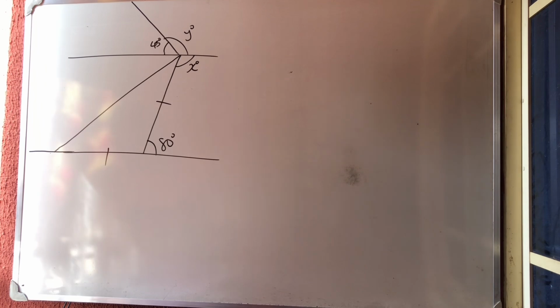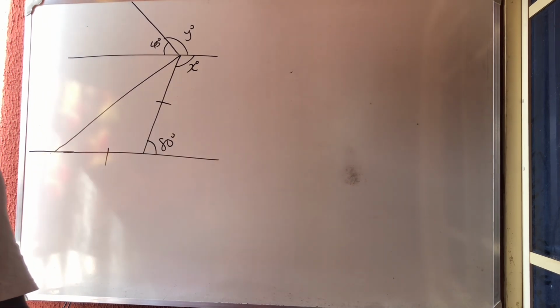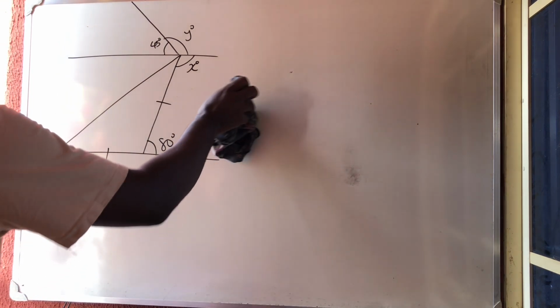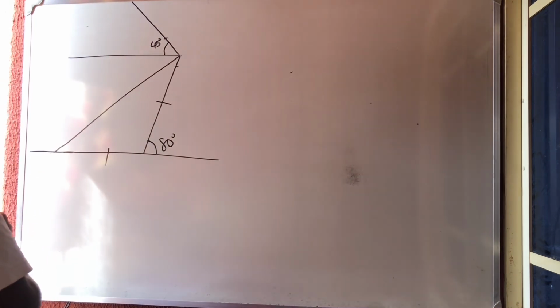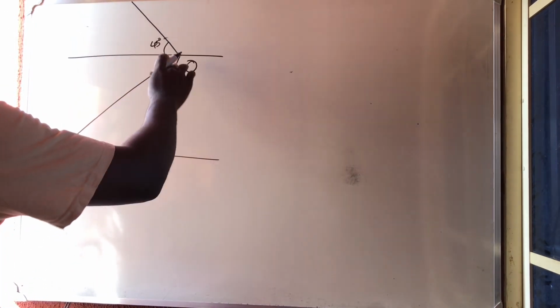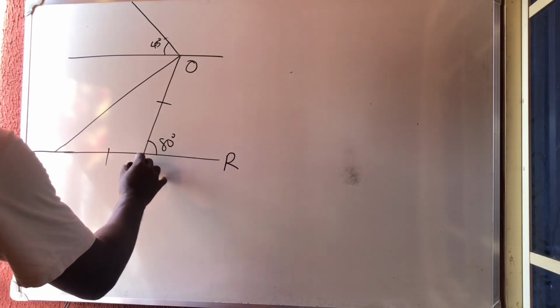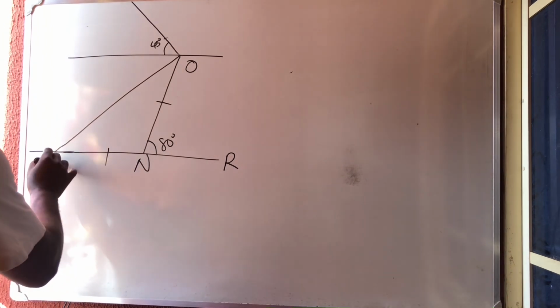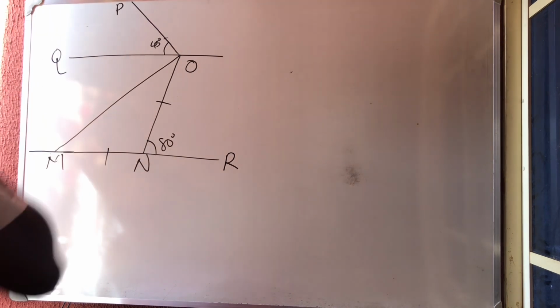I'm following their steps. Okay, they say that here is O. Here is O, here is R, here is N, here is M, here is Q, here is P. Okay?